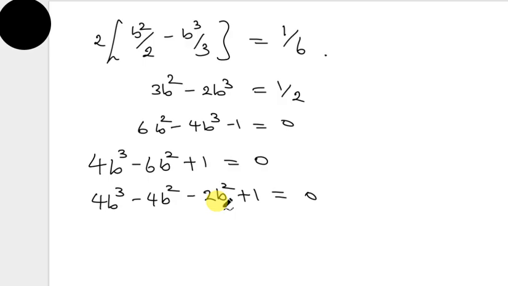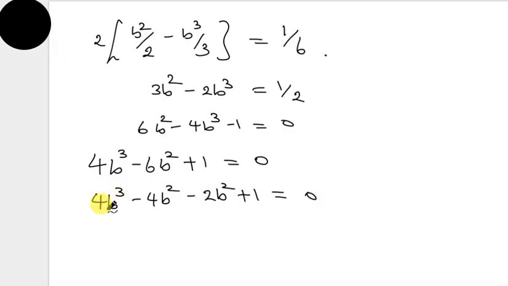I will have 2b squared plus 1 here. So I can have a 2b. So if I take a 2b, I will have 2b squared outside. Just check how I should factorize this.